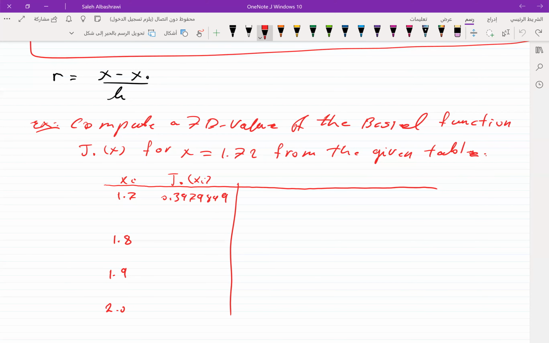For 1.8 it is 0.3399864. These are given in the question. For 1.9 it is 0.2818186. For 2.0 I will have 0.2238908.